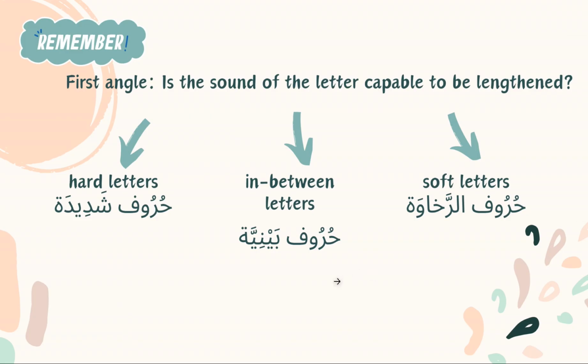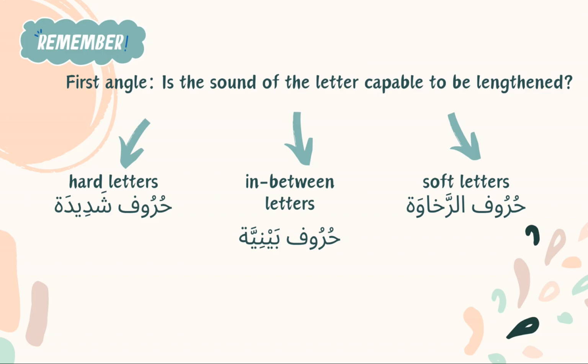Now let us start by a reminder. Last time we handled the letters from the first angle, and the first angle was that we were wondering, is the sound of the letter able to be lengthened in its articulation point, in its exit point, or not? And as the scholars told us, we realized that we have 3 categories, 3 groups of letters.